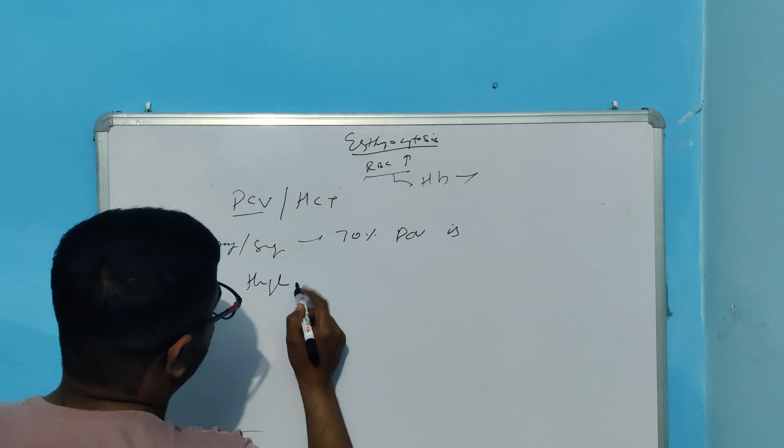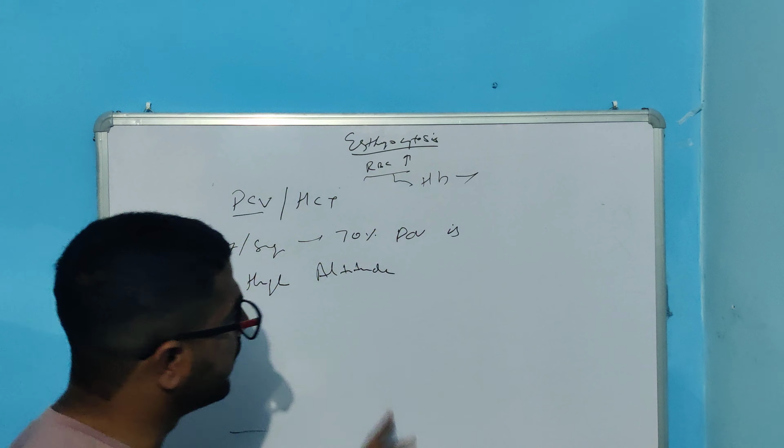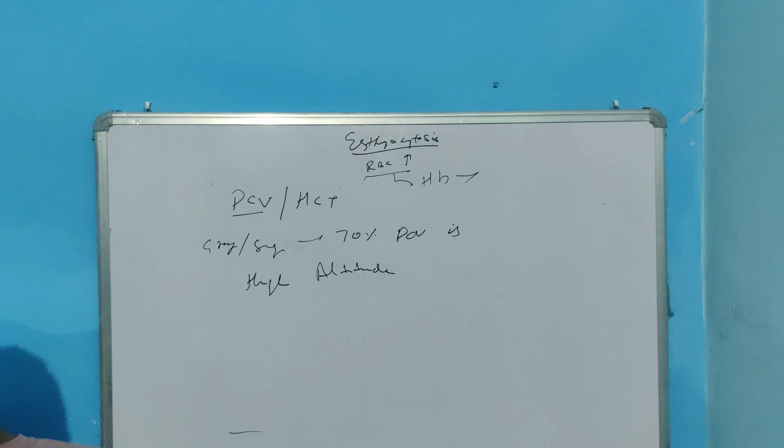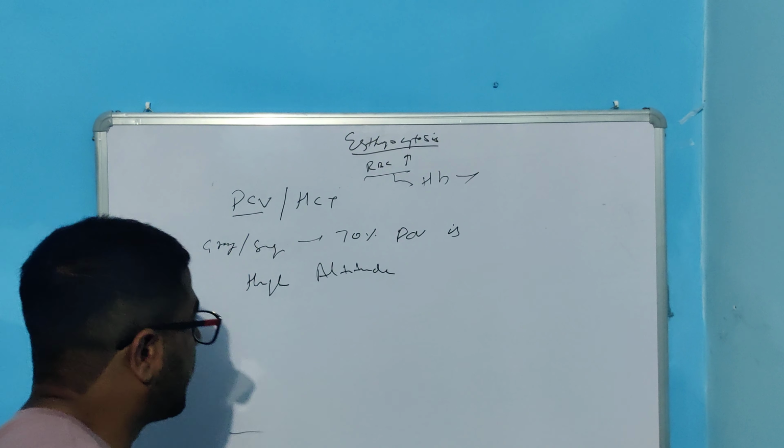So high altitude has a role in increasing PCV. It is considered a physiological increase.